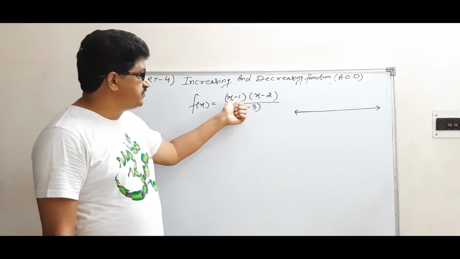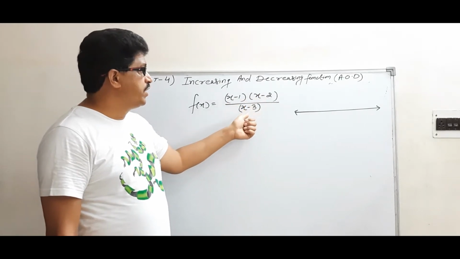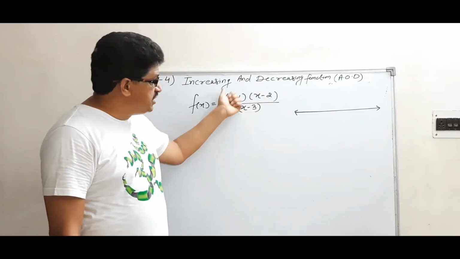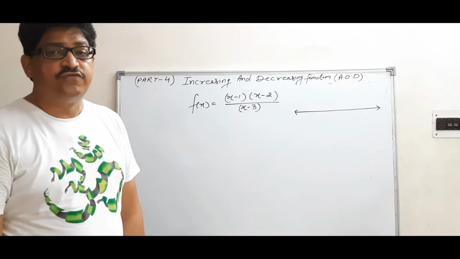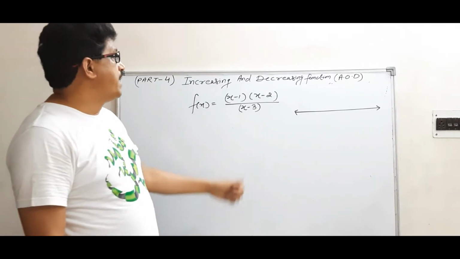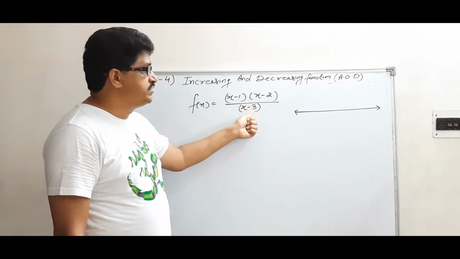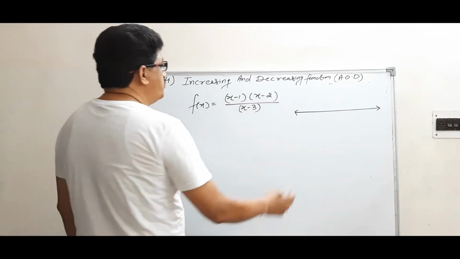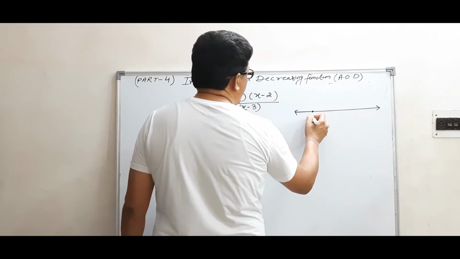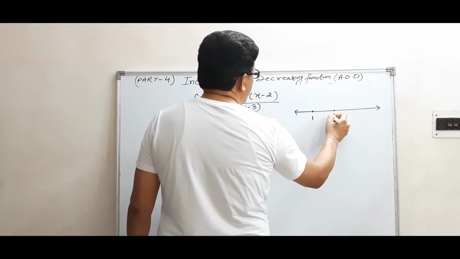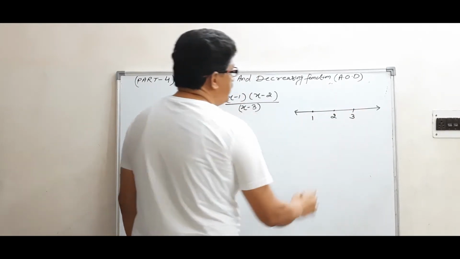So x minus 1, x minus 2, x minus 3, and these factors should be in standard form. x equals 1, this will give you x equal to 2, and this will give you x equal to 3. So you put the numbers 1, 2, 3 on this line.